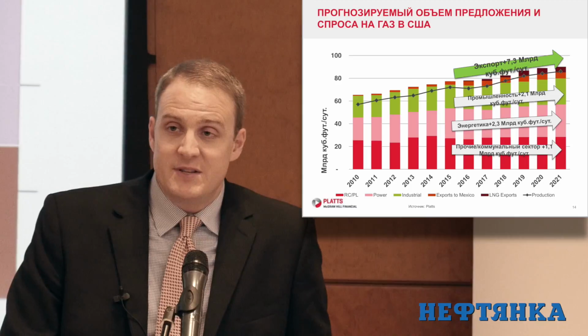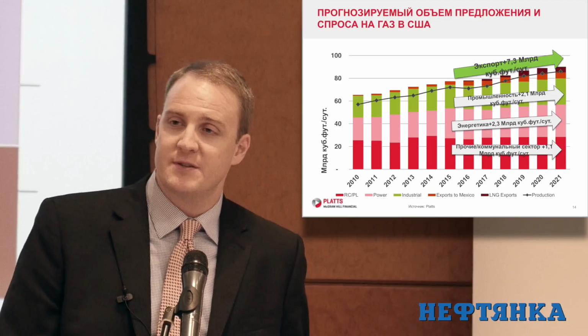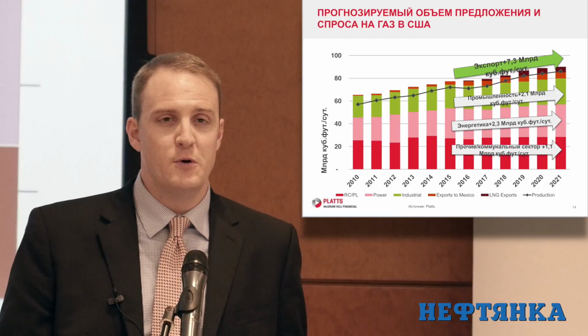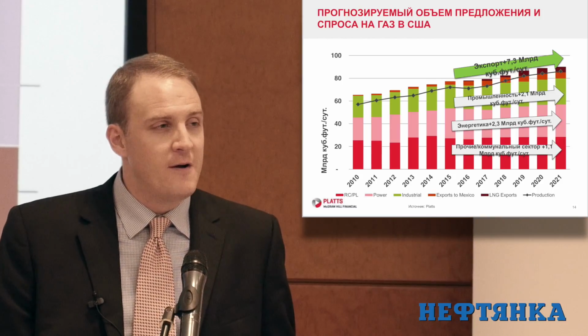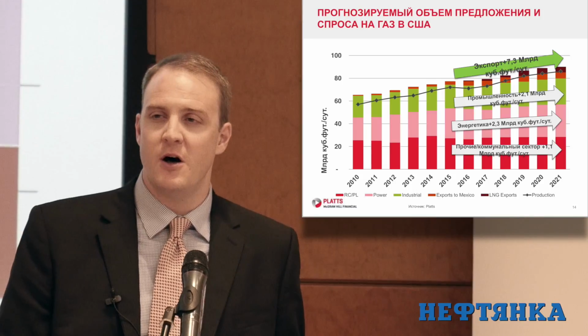And then in the black line there, we see the amount of domestic production in the U.S. That shortfall has historically been made up primarily by imports from Canada and a few LNG imports as well. So looking at our forecast, you can see that we have reached the point where we're seeing the U.S. gas market actually move on an annualized basis from being net short gas to being net long gas.